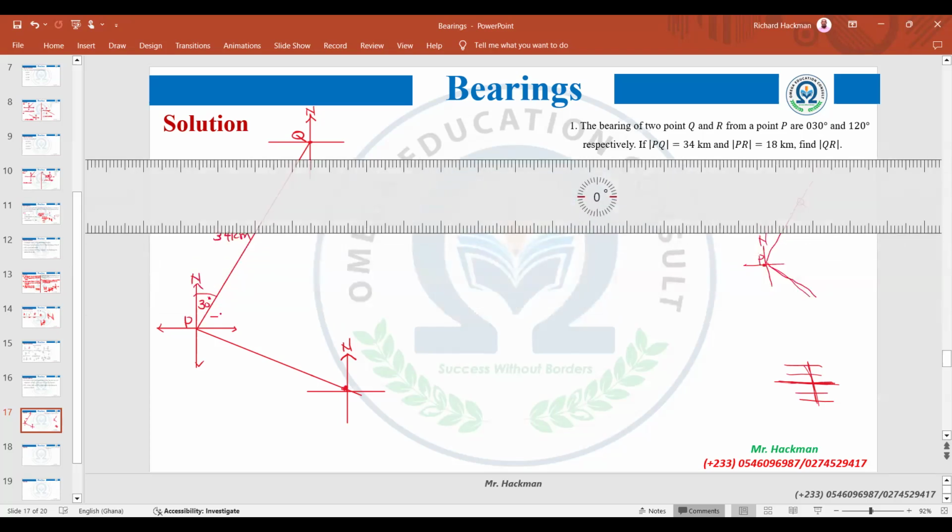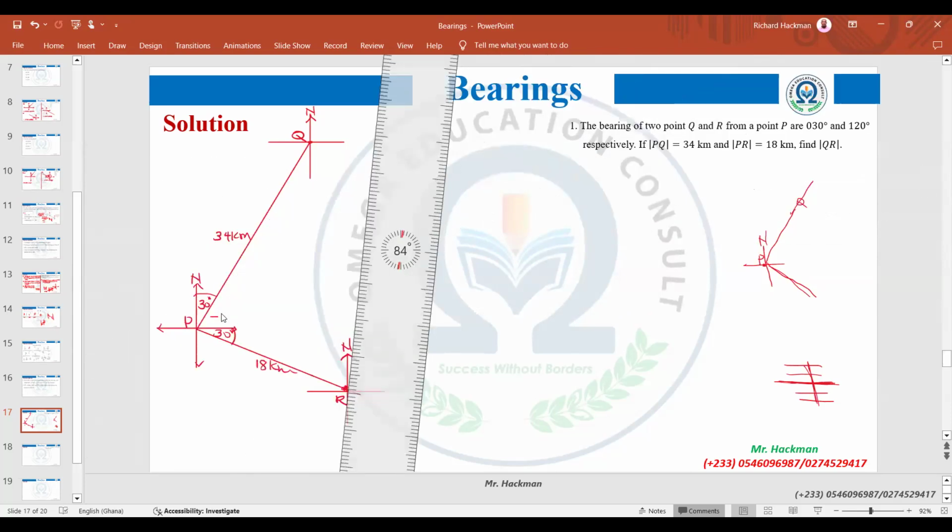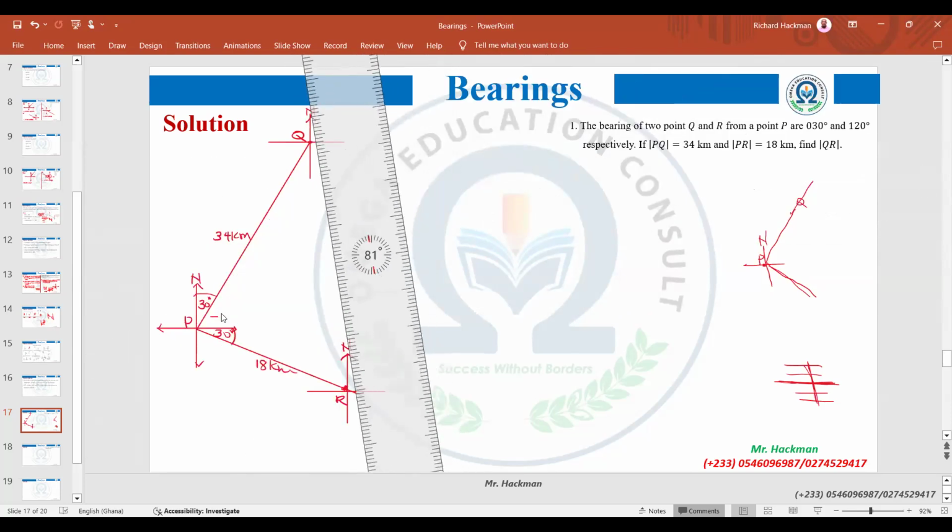So the angle here will be 30 degrees, indicate that angle. Now you know the distance is 18 km. This time around, I can write along it. Now the other one we've considered. I've not indicated my point R. So R will be somewhere here. So I join my Q and R.